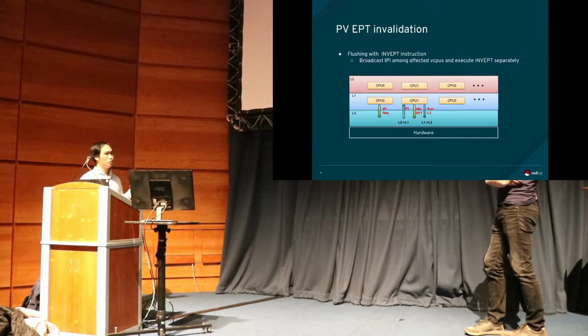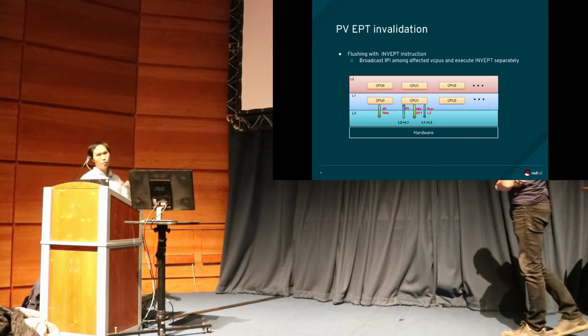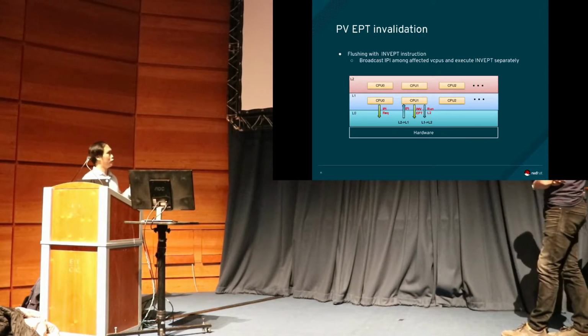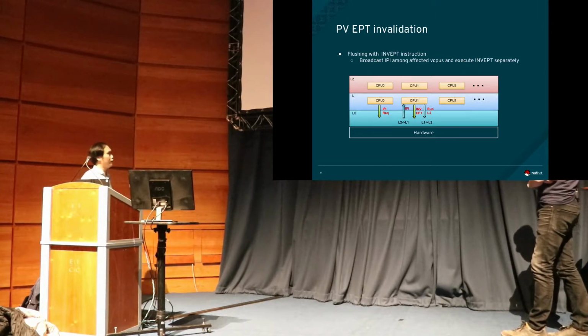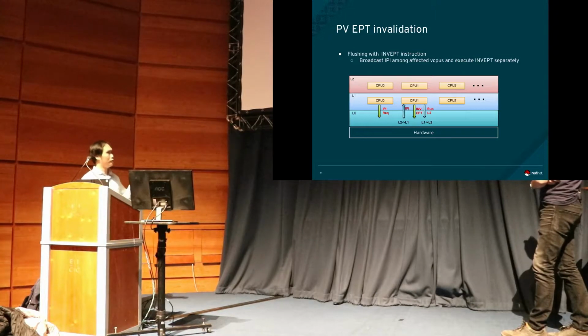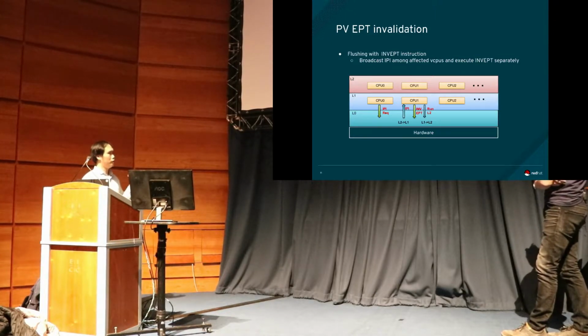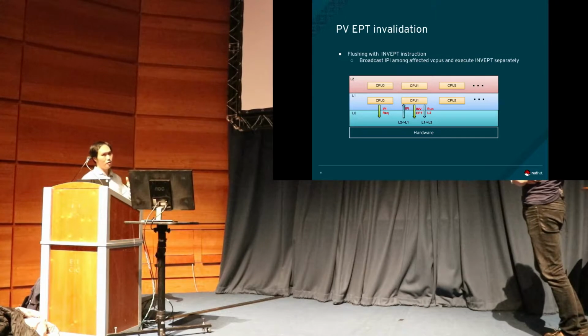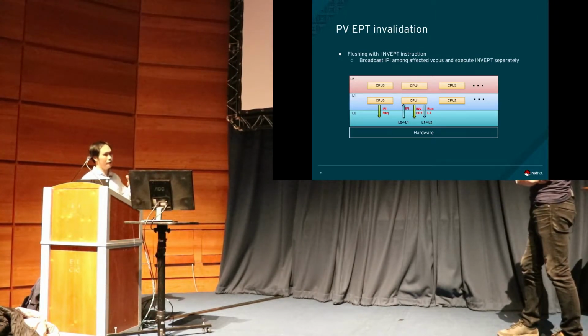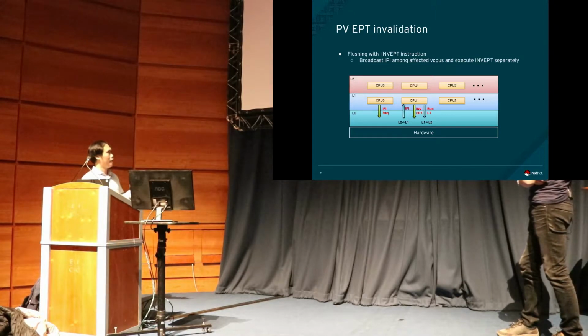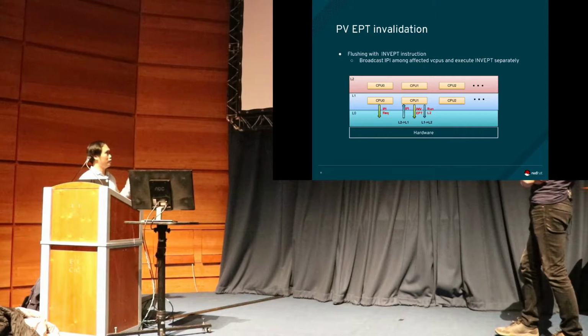That means if we want to flush the remote EPT TLB, we need to send an IPI to the target CPU. If the L2 guest is running on that CPU, we need to force a VM exit and switch from L2 to L1 and then inject the IPI. And the L1 hypervisor will execute the INVEPT instruction.